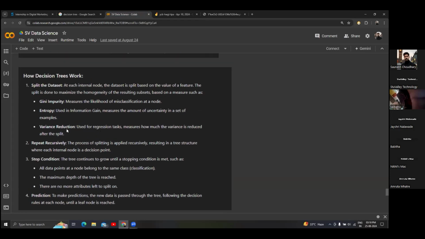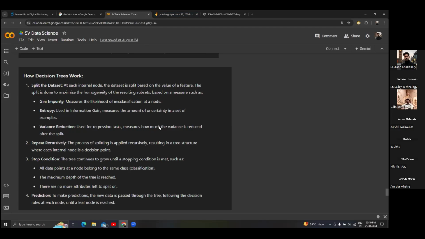Then we have variance reduction, used for regression tasks. It measures how much the variance is reduced after the split. So variance is just a parameter used for regression tasks.